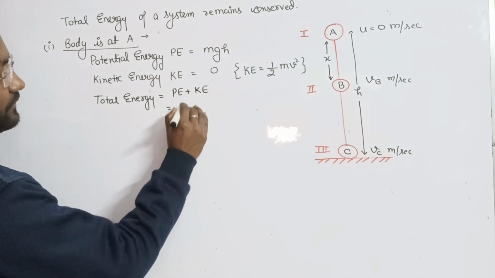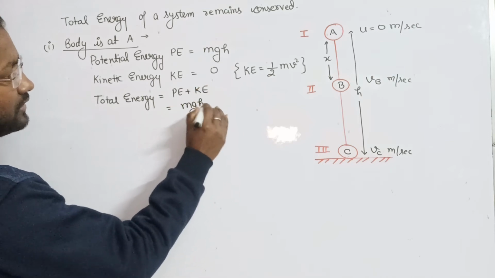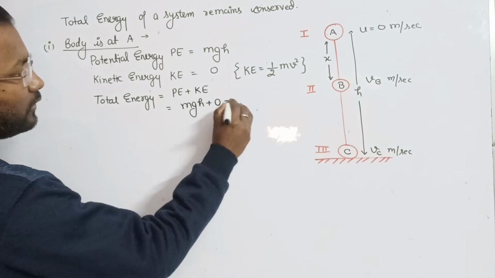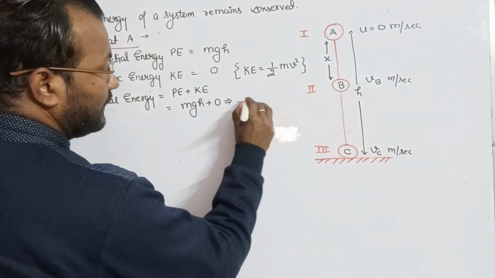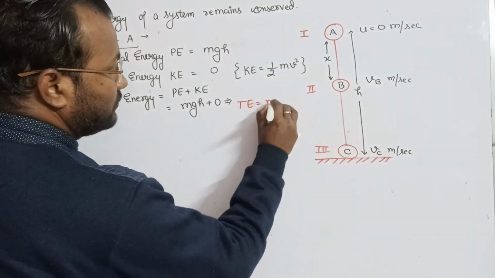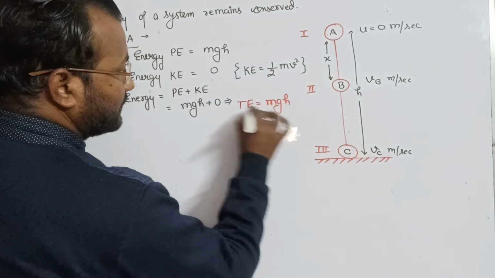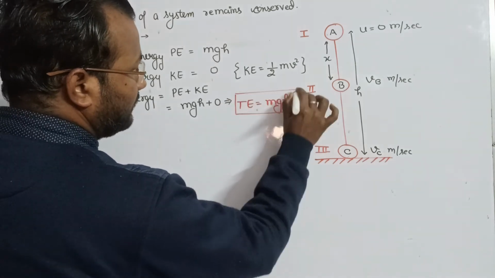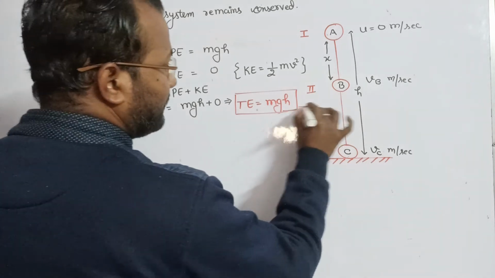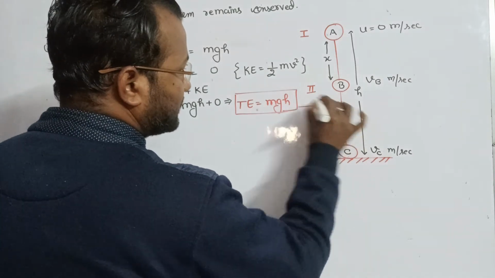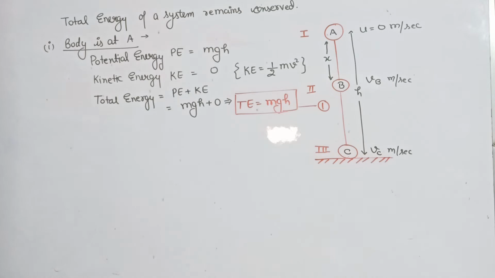This becomes mgh plus 0. यहाँ से क्या निकल कर आ रहा है, टोटल एनर्जी इज इक्वल टू mgh। This is equation number one. It was the total energy at point A.